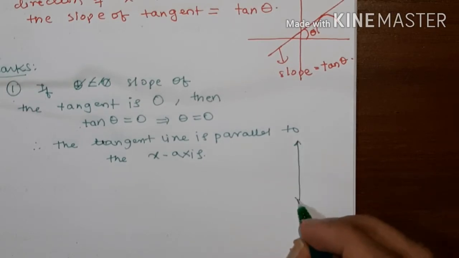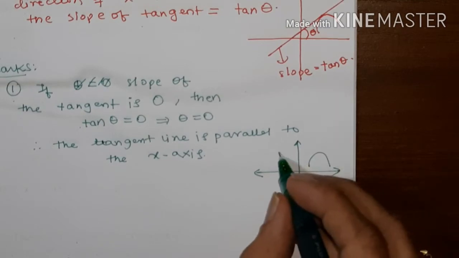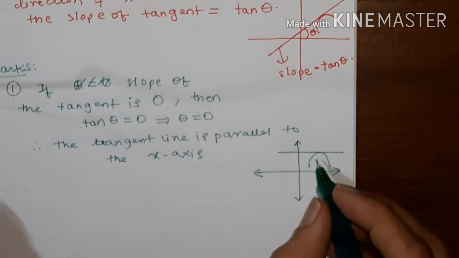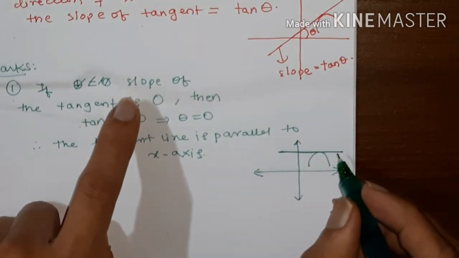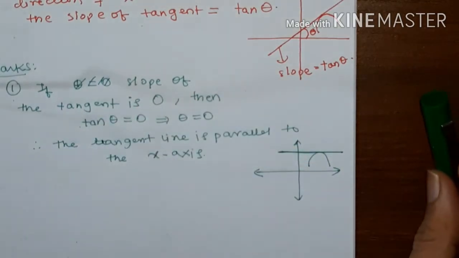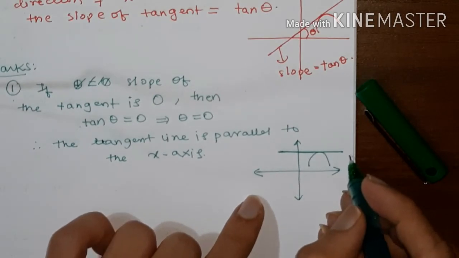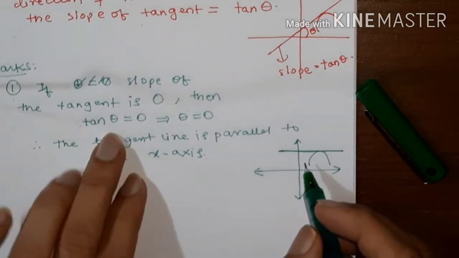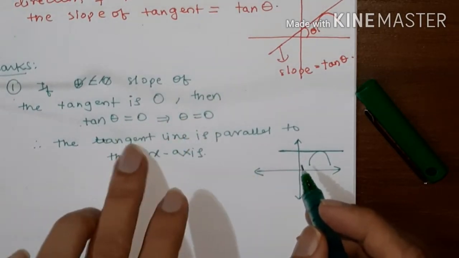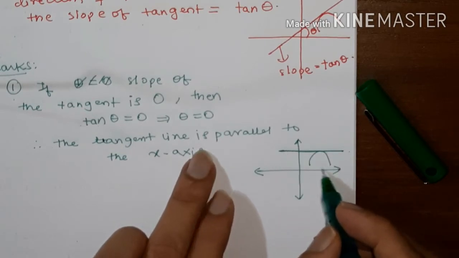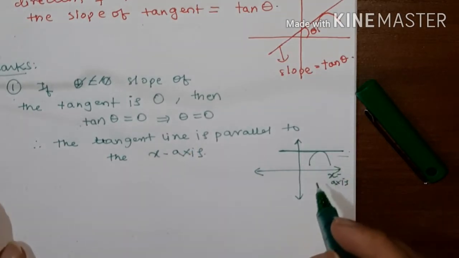It is like this: you have a tangent which makes an angle 0, or has slope 0. Slope 0 means it will be exactly horizontal, parallel to the x-axis.